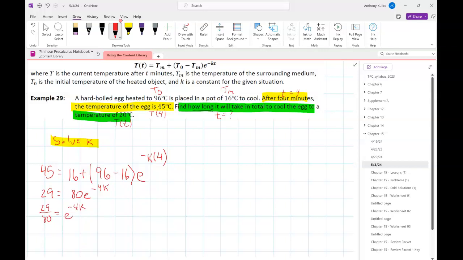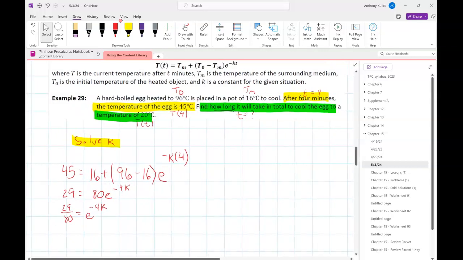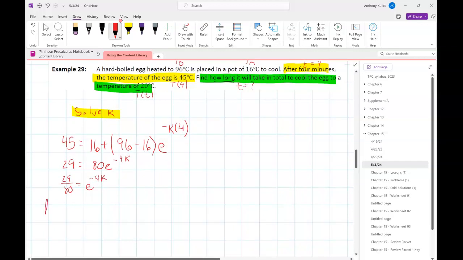You do the lid. Good. We got to get rid of the exponent base of e. To do that, we use the log base e, which is also known as the natural log, ln. And the last step would be to divide by -4.